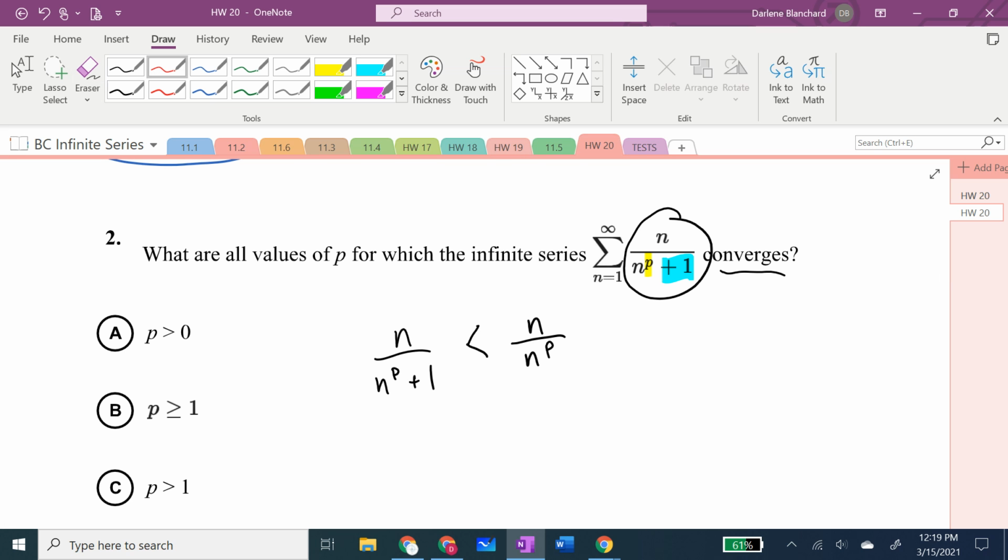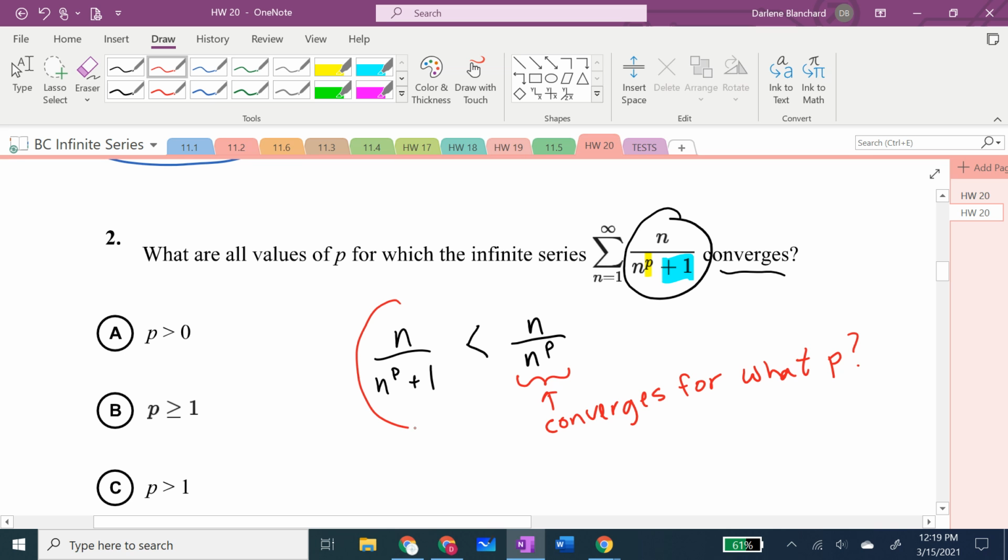And I want to know when I converge. So that means I need to look at when does this converge, because mine is going to be smaller than whatever that is. And I want to add a reminder that we have to have positive terms only to use the comparison tests.